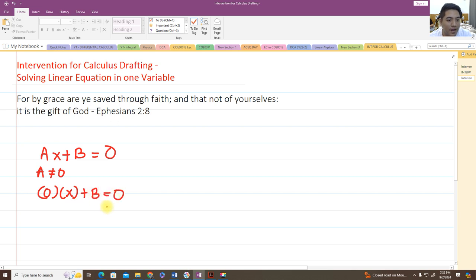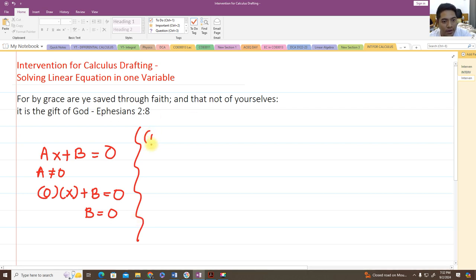So we have a constant here that is equivalent to some number. So in order for us to have a linear equation in one variable, the condition must be a is not equal to 0, and we have a degree of 1, okay, in one variable.